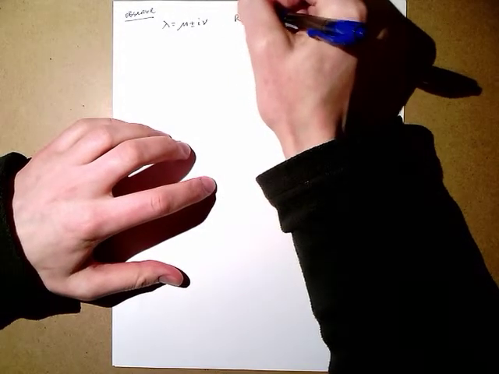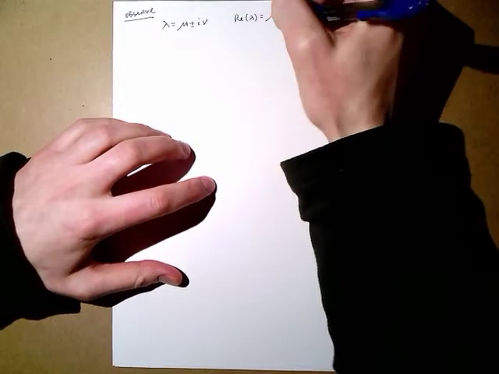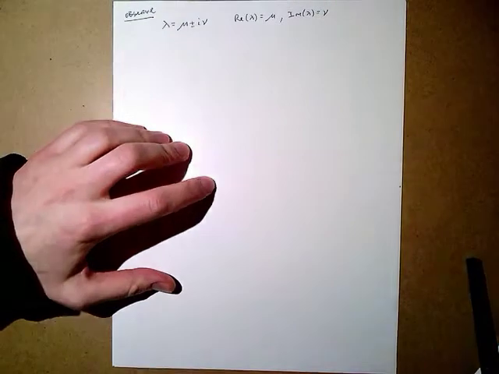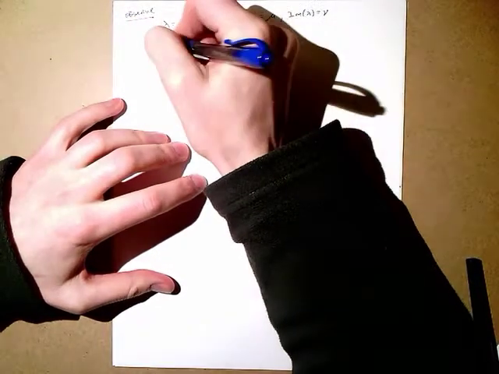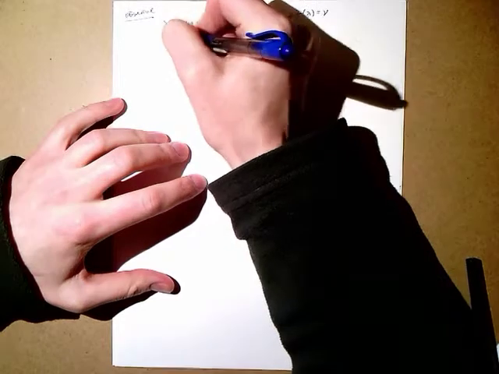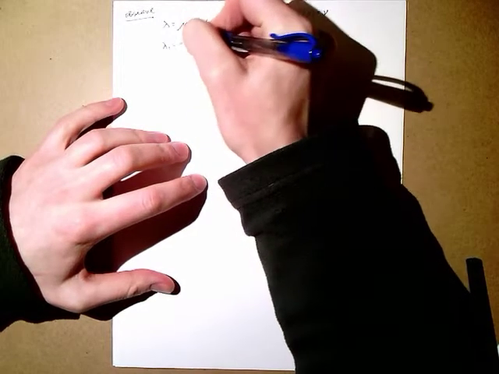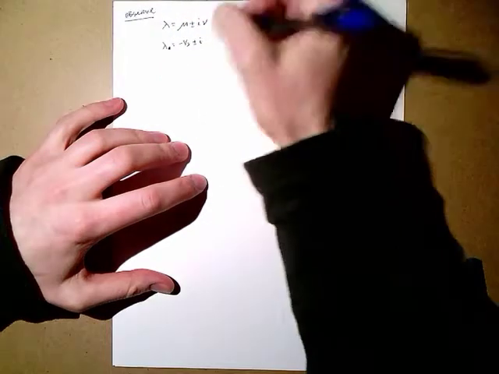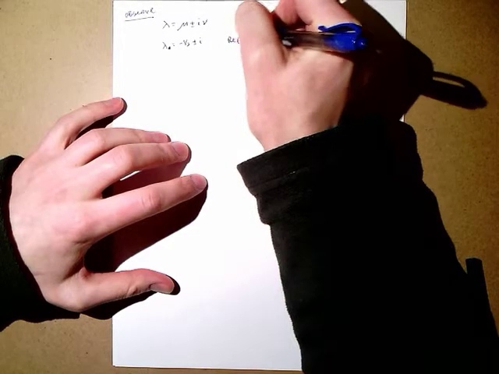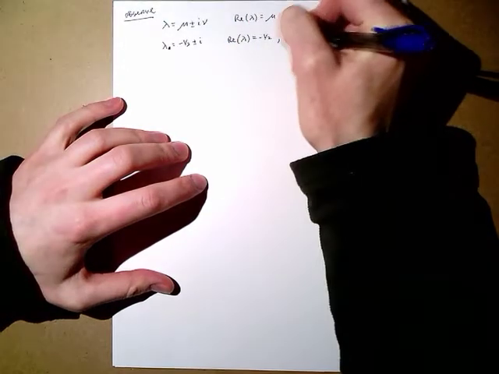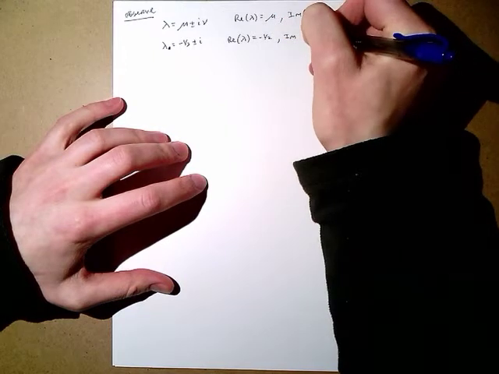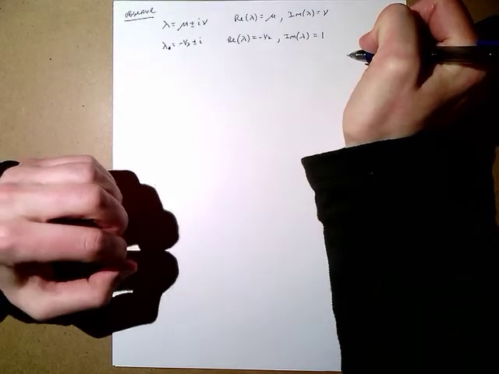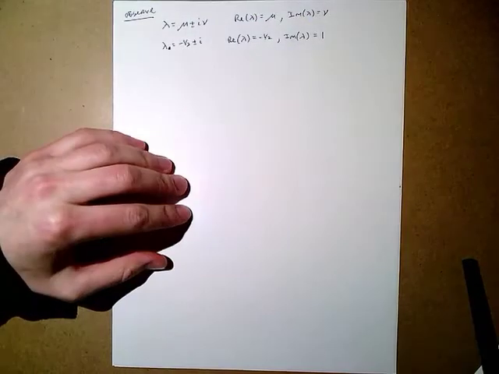The real component of lambda in this case is mu, and the imaginary component of lambda is the value nu. So in the example we just did, lambda was negative 1/2 plus or minus i. So the real component of lambda was negative 1/2, and the imaginary component of lambda was 1 in the example that we just did.